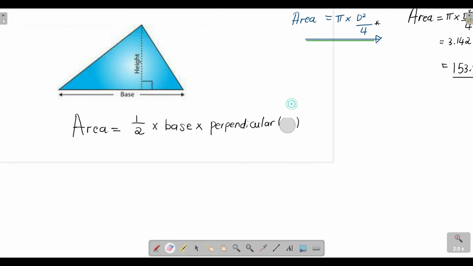So this is the formula that we use to help us calculate the area of any triangle. You need that perpendicular height.